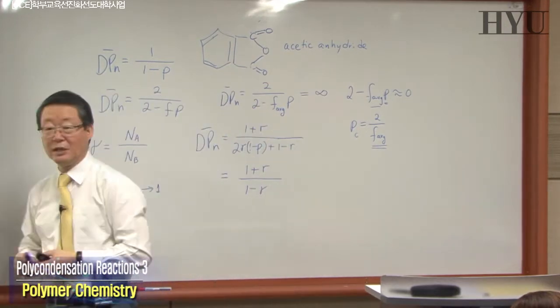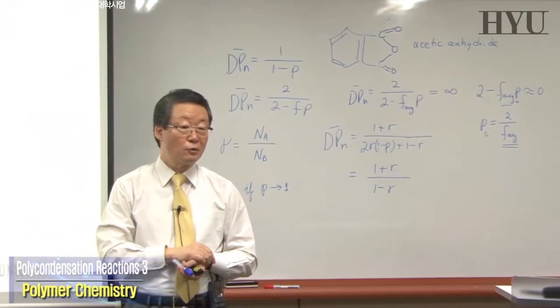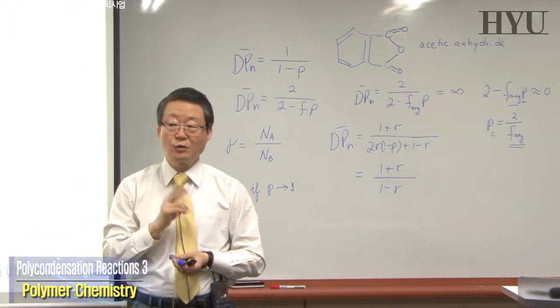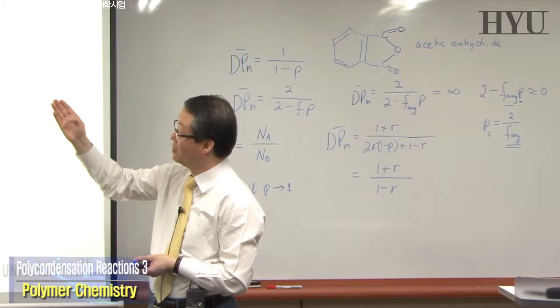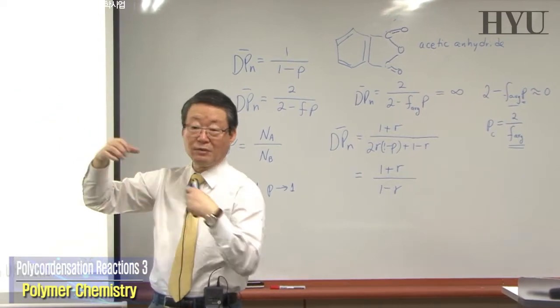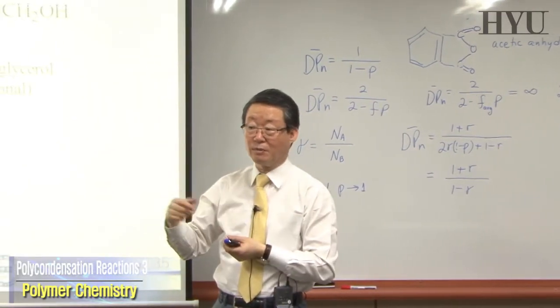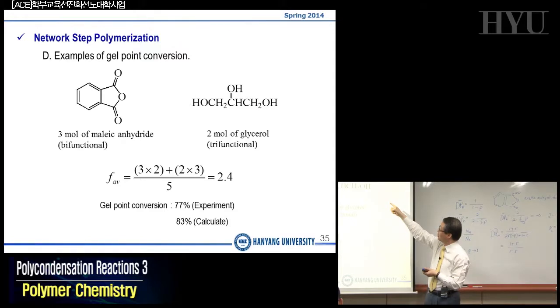Maleic anhydride has 2 carbonyl groups. So those 2 carbonyl groups will be cleaved to become a carboxylic acid type of material. So hydroxyl can attack the carbonyl. Because of that, maleic anhydride can be regarded as bifunctional, because you have 2 carbonyl groups to be attacked by the nucleophile, which is hydroxyl.